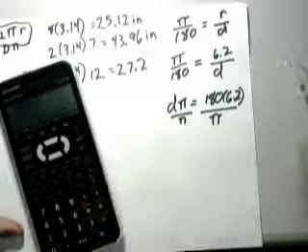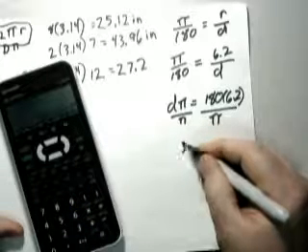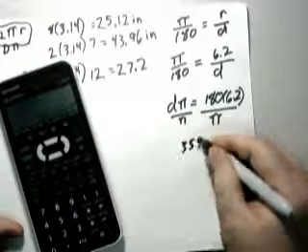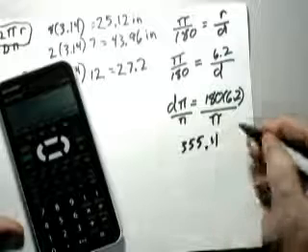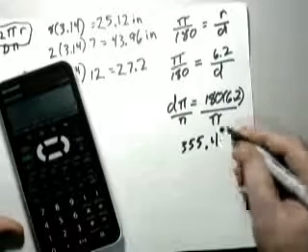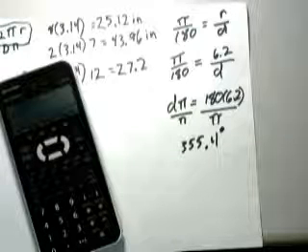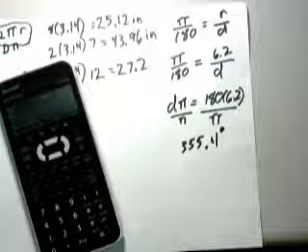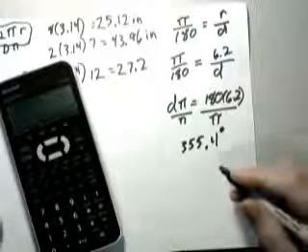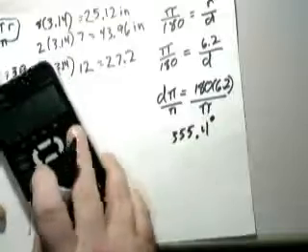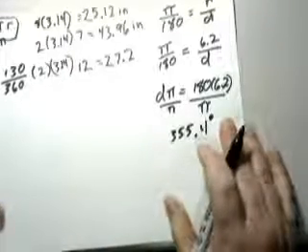So this is 355.4 degrees. Now, most of the time when you're given an angle in radians, there's a pi involved. In this case, I left out the pi. I just made it 6.2. But most of the time you're going to see a pi.